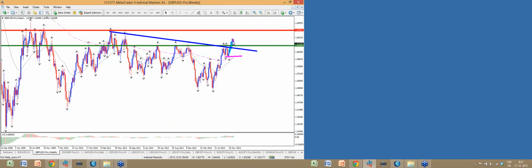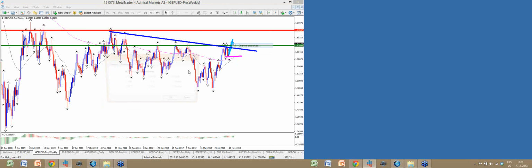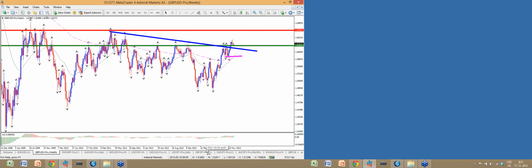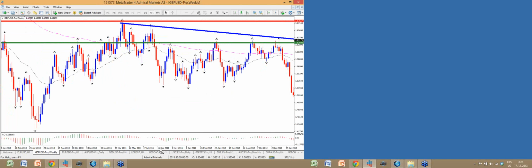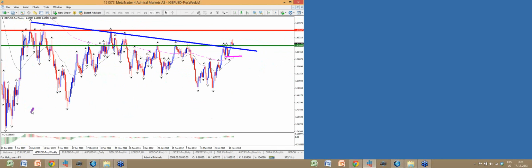All right, let me draw this a bit better so that you can visualize it from this chart as well, because these tools are blocking too much price action. And if we zoom in, we can see that triangle on the weekly, first of all.